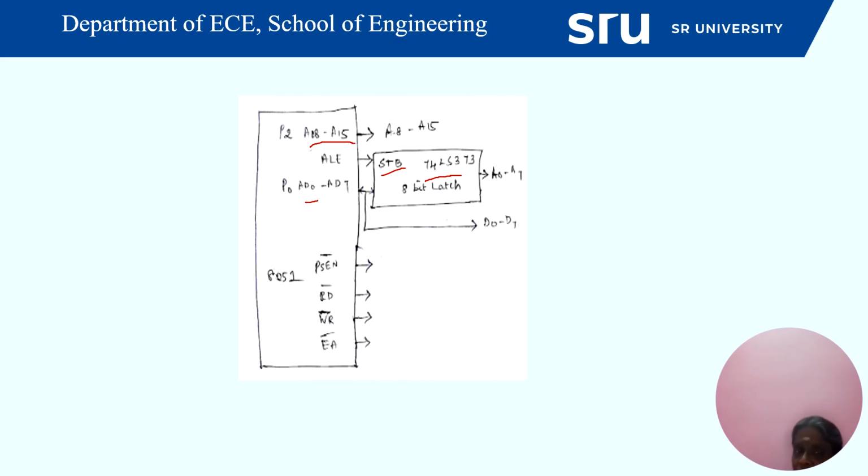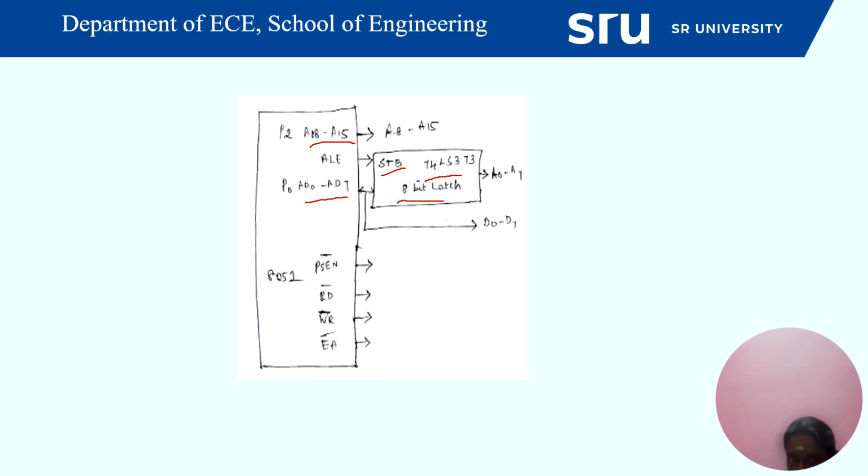And then AD0 to AD7, from port 0, the multiplexed address and data lines from 0 to 7, these 8 lines are connected to the 8-bit latch. See the direction. It is unidirectional for address, but data means bidirectional, so to and fro.